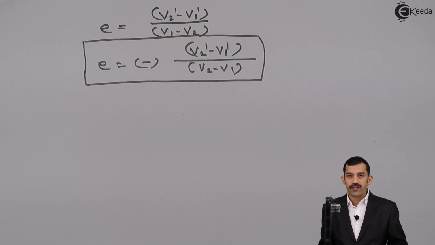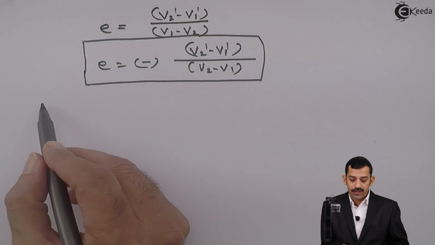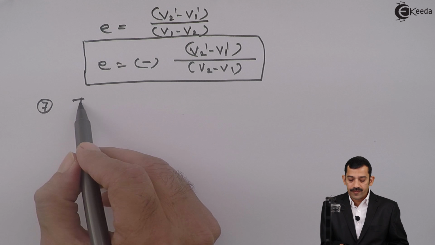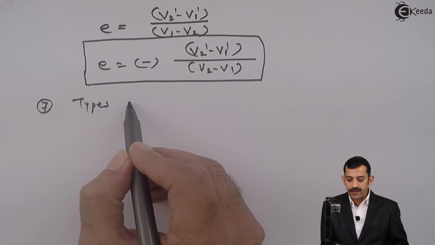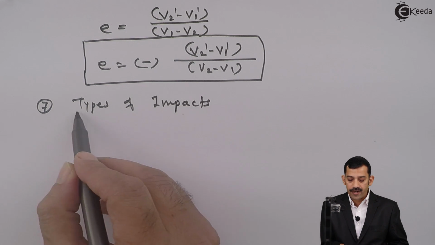Depending on what value of E is given, accordingly, the collision between the bodies, or impact, is divided into 3 categories. Therefore, we'll write this as point number 7, types of impacts.